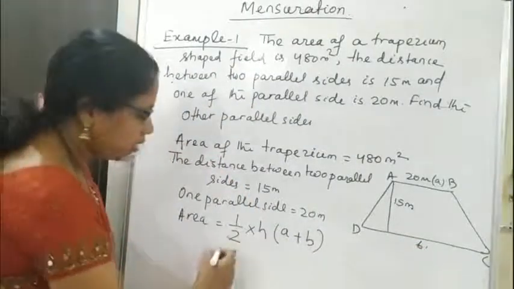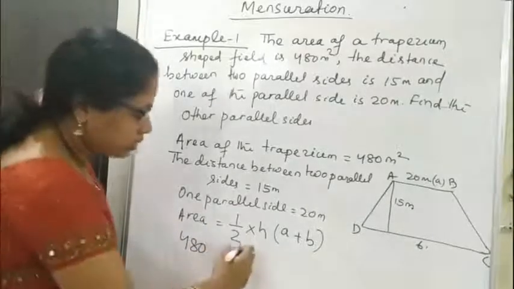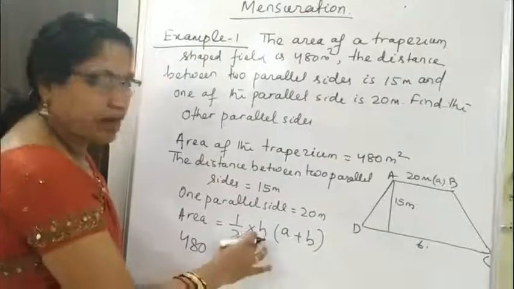This is the area. So area is given, that is 480 is equal to half multiplied with height.